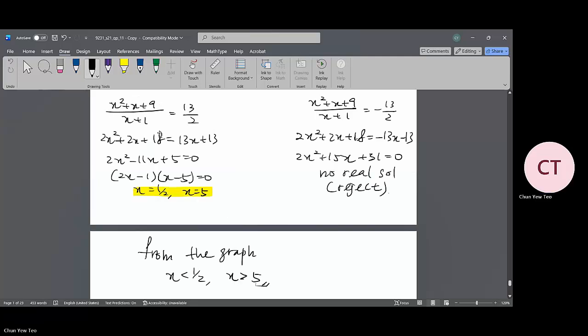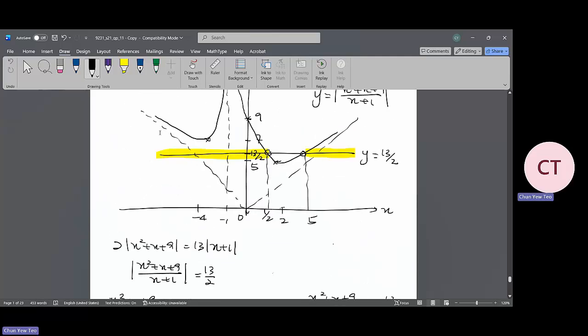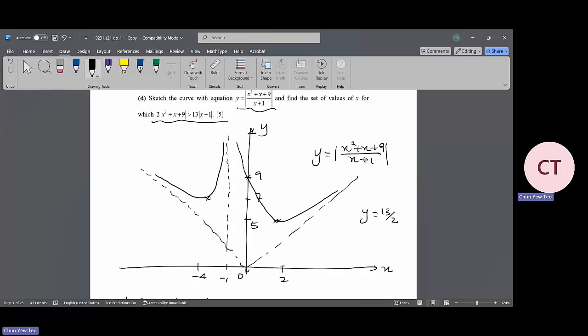That's all. Okay. So of course, in exam, actually, if you refer to the mark scheme, we are not required to show this in the answer. These are not required. So I shall just leave the answer for the y equal to the modulus of the function like this will do. No need to involve the y equal to the 13/2.